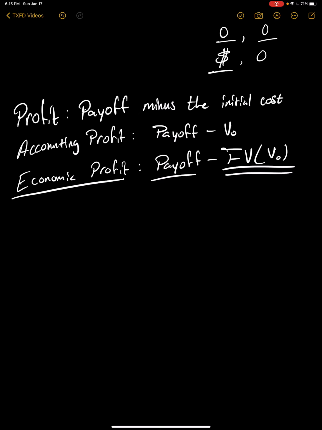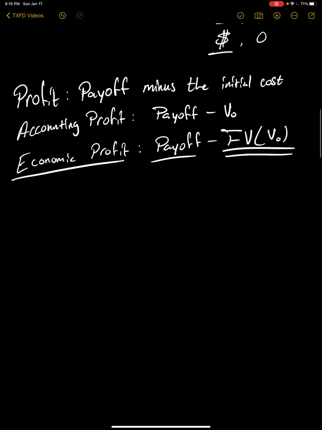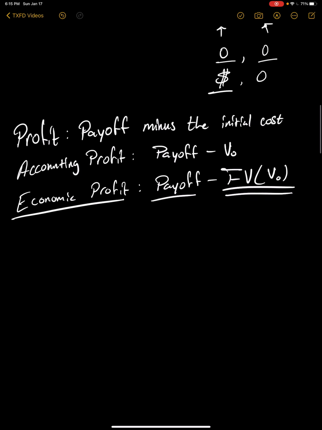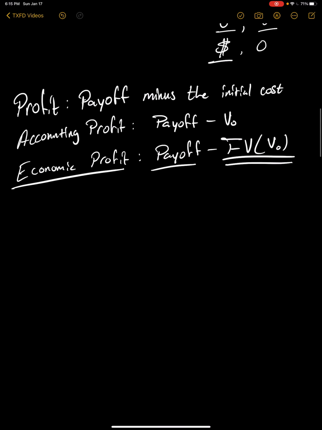Now, that's about going to cover it as far as our payoff and our profit go, except in the case of our P and Q option above, right? Let's define the payoff. We've defined the payoff function, that it's the max of the value of Q at time t minus the value of P at time t, and 0. Let's write out the profit function quickly here.